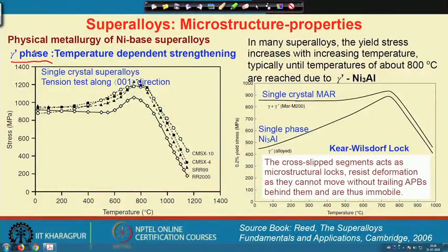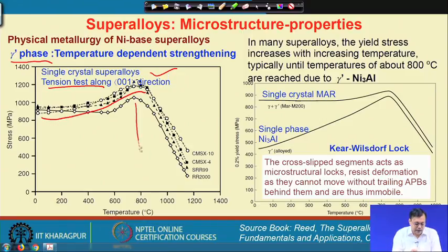That is already understood. In case of gamma prime phase, you see that these are some single crystal superalloys tension tested around the 001 direction, where the strength actually increases up to, let us say, 800 degree centigrade. Please remember this temperature, and then it decreases.